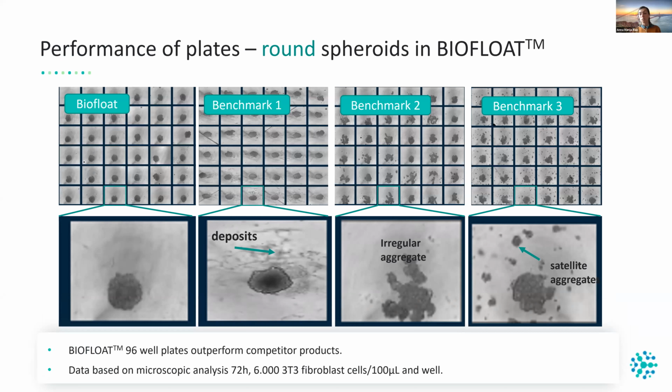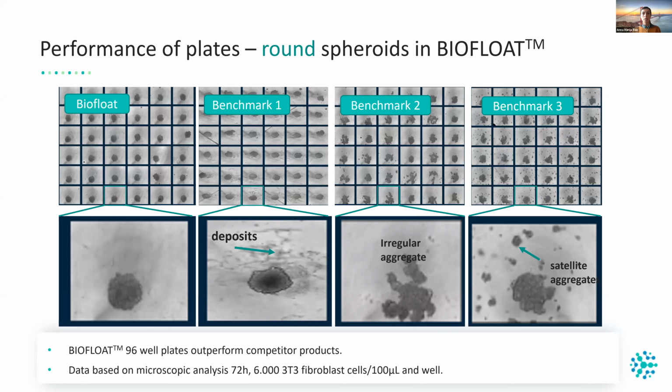Different ultra-low attachment plates generate spheroids with different morphology, which can impact the readout of your assay. So here you can see the bioflow plates, and in the bioflow plates, spheroids were formed with a round morphology.